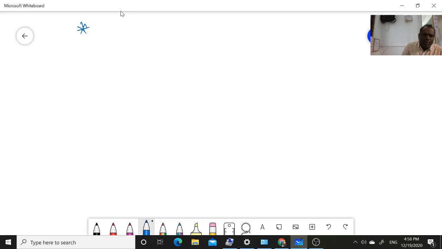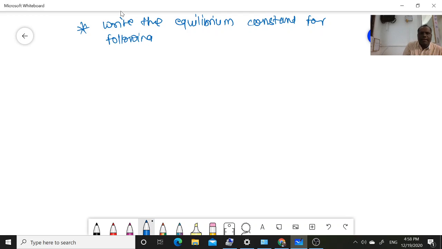Write the equilibrium constant for the following reactions.